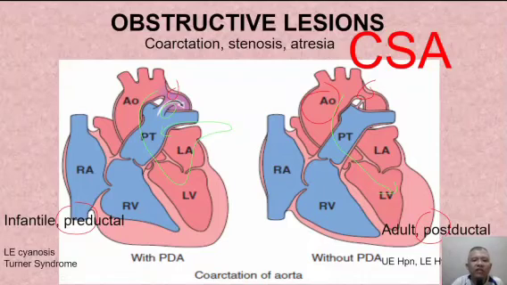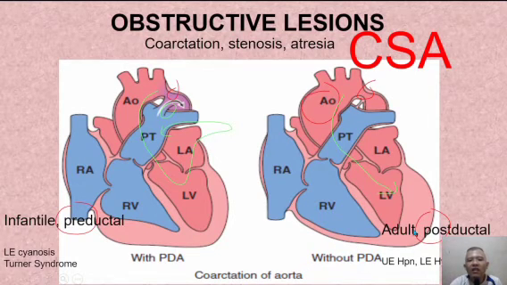Next are obstructive lesions, and this one is coarctation of the aorta. We have the preductal, or infantile, coarctation of the aorta. This is associated with Turner syndrome, where we have lower extremity cyanosis.